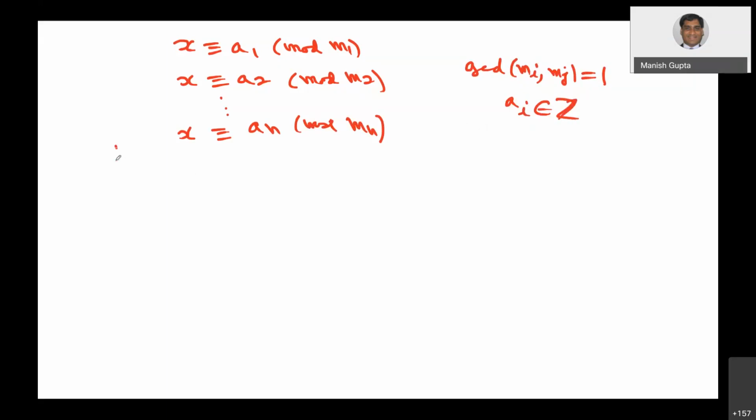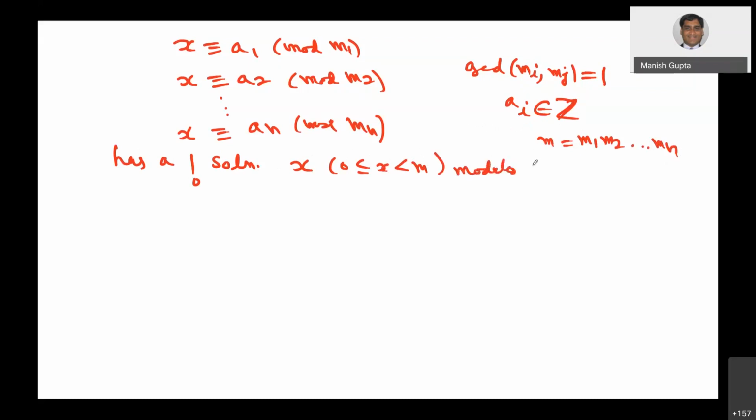Then this system has a unique solution x, less than M. What is M? M is nothing but the product of these numbers m1, m2, up to mn. We have a unique solution x modulo M.